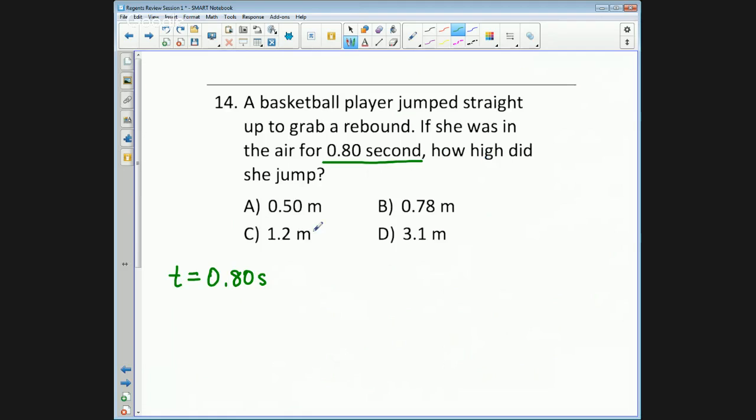The question is asking for how high did she jump, so dy, or the height. What else do we have? Well, we also have the acceleration in the y direction, which is 9.81 meters per second squared.